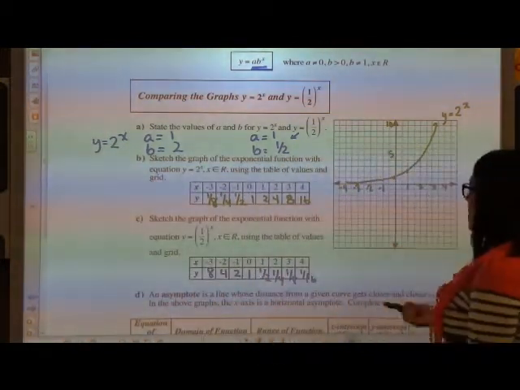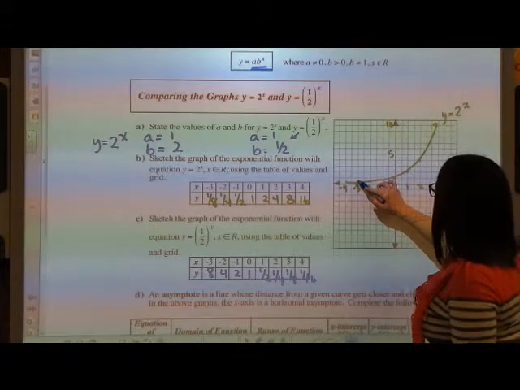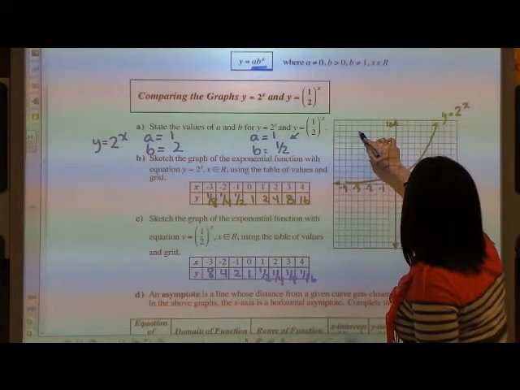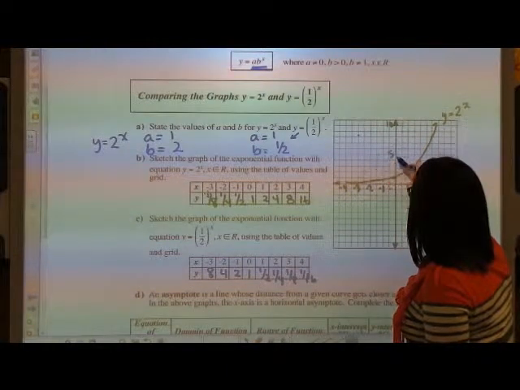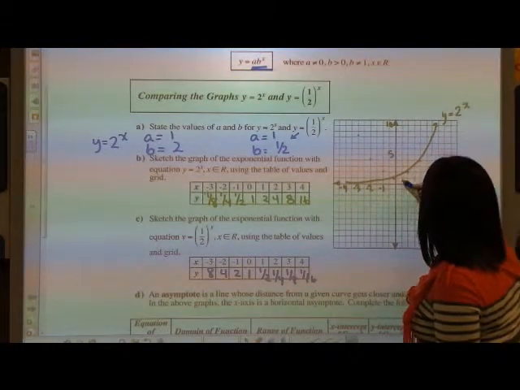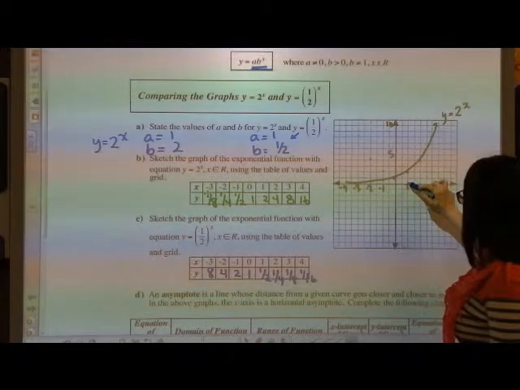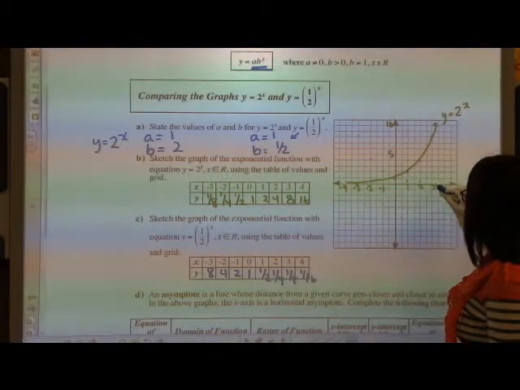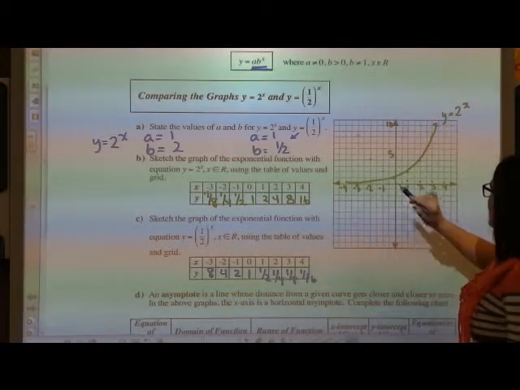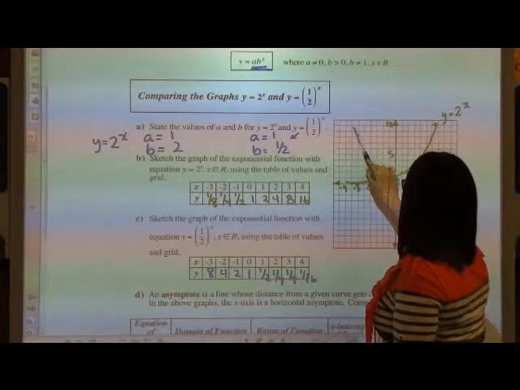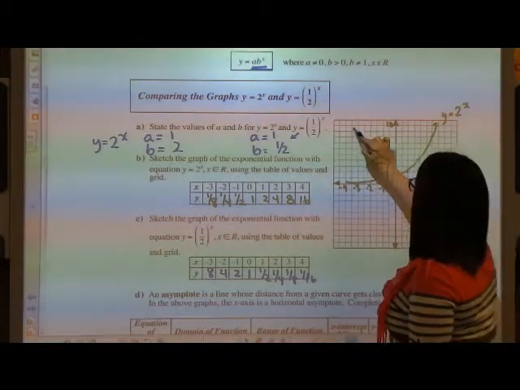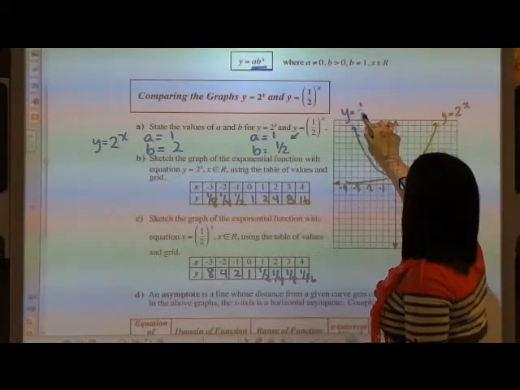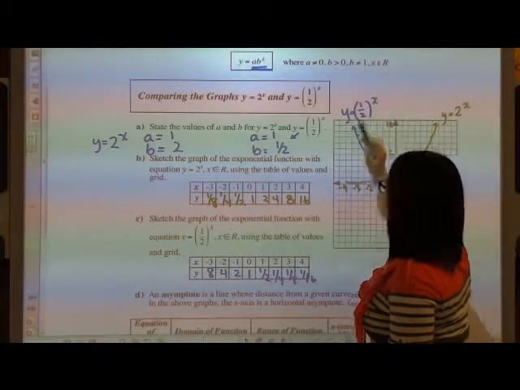So in this case, when x is equal to -3, I have 8, and then I have 4, then 2, then 1, then 1/2, 1/4, 1/8, 1/16. So this graph this time looks something like this. And this is my y equals 1/2 to the power of x.